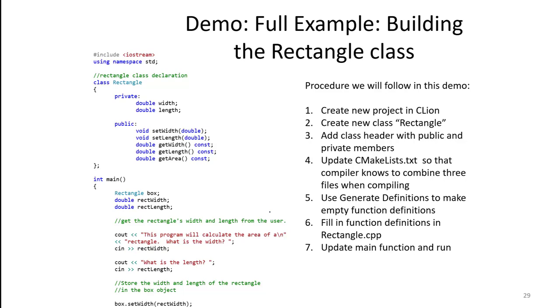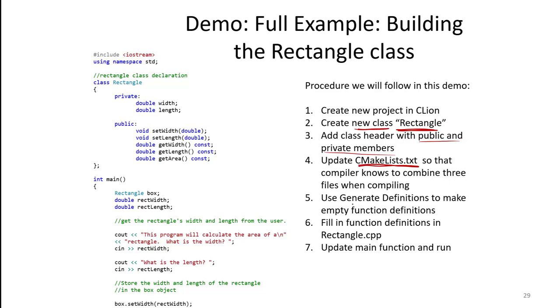First we'll create a new project in CLion, and we'll see how CLion has some built-in tools that allow us to easily make that rectangle class. We will also update our header file with the public and private members of the class. We'll also update cmakelist.txt so that our compiler knows to combine all three of our files when compiling our class.